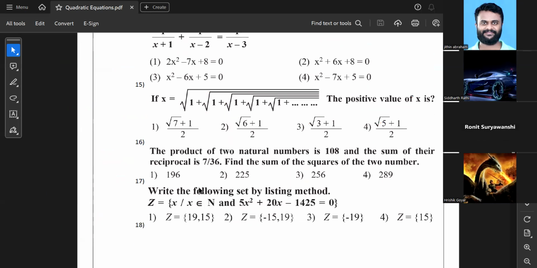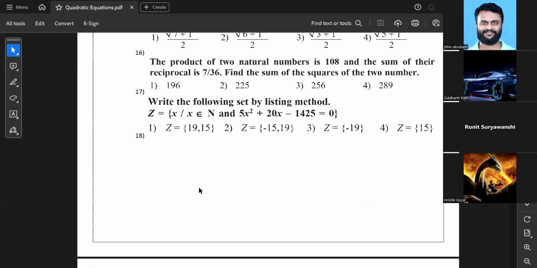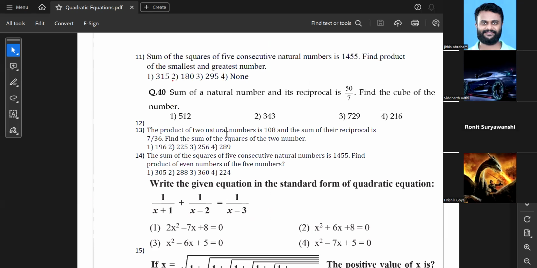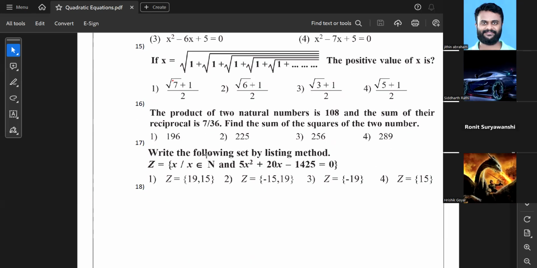So the 16th is a repeated question. Thank you for bringing it to our attention. The product of two natural numbers, sum of their squares. Yes, it looks like a repetitive question. Which question was it a repetition of? This one, the 13th.